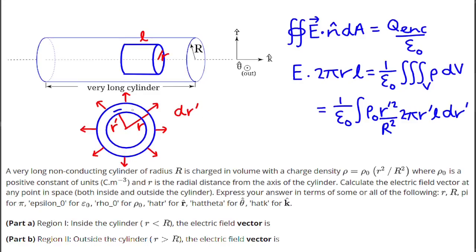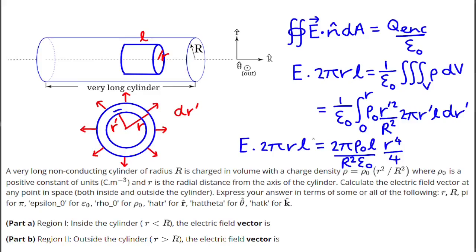We integrate this from r prime equals 0 to r prime equals r. Taking the constants outside the integral, we have 2 pi rho naught L over r squared times epsilon naught, and the integral of r prime cubed from 0 to r evaluates to r to the 4 over 4. And that's equal to the flux of the electric field through our Gaussian surface.